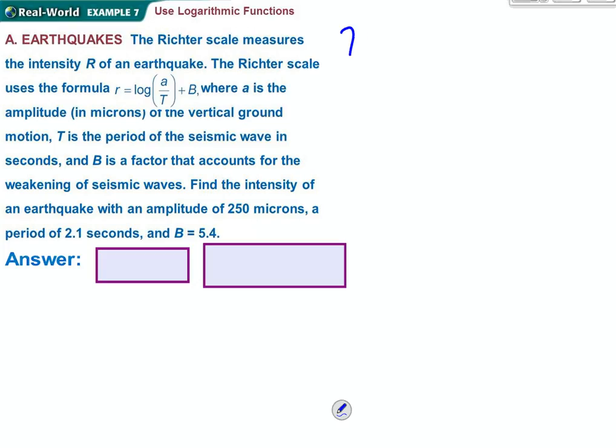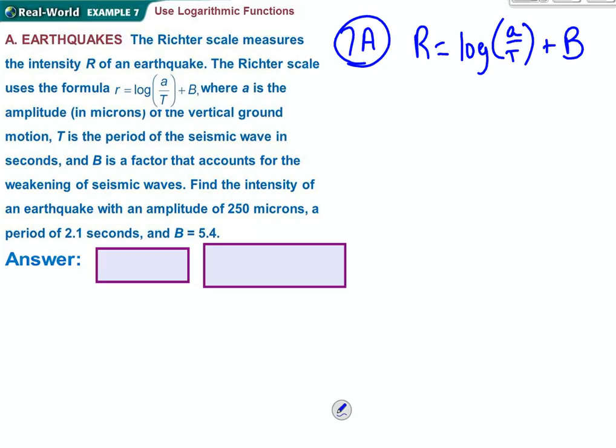So for 7a, we're going to say that this formula is R equals the log of A over capital T plus capital B. And A is that amplitude in microns.